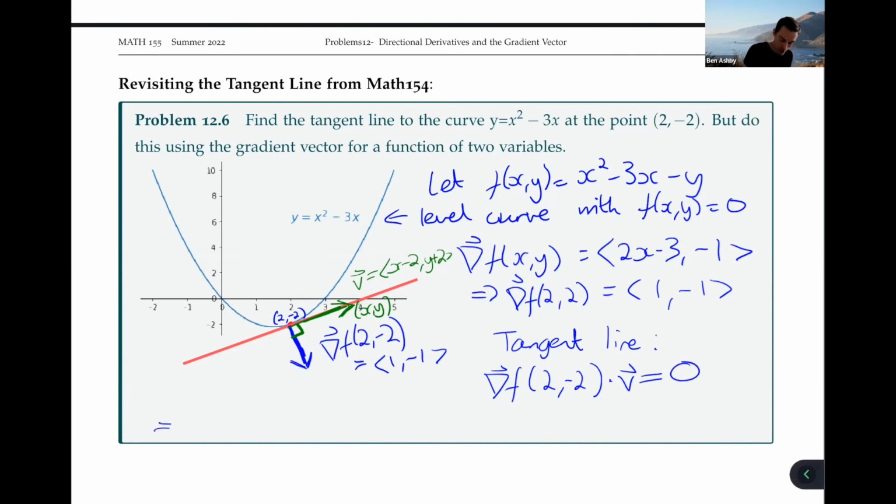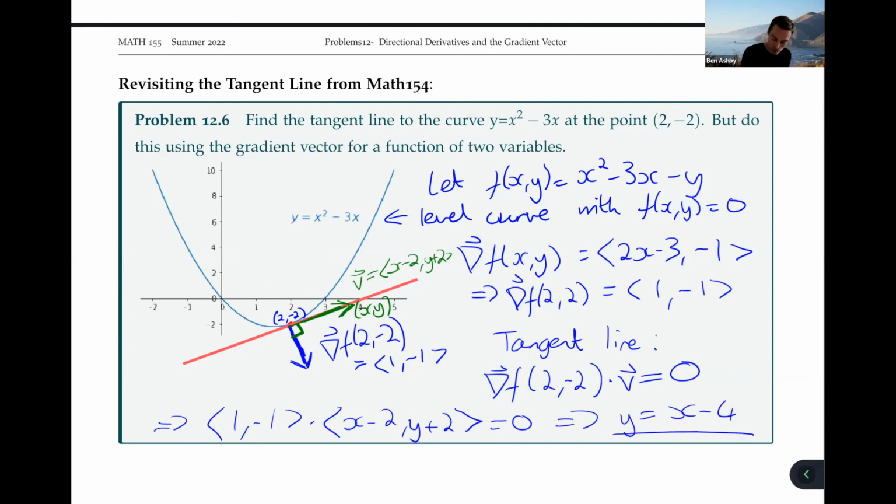So if we substitute those in, we now have (1, minus 1) dotted with (x minus 2, y plus 2) is equal to 0, which eventually simplifies down to y is equal to x minus 4. So this has given us the equation of our tangent line in a completely different method to how we would normally derive it. It's not as quick as doing it the other way around, which is why we don't usually do it this way.